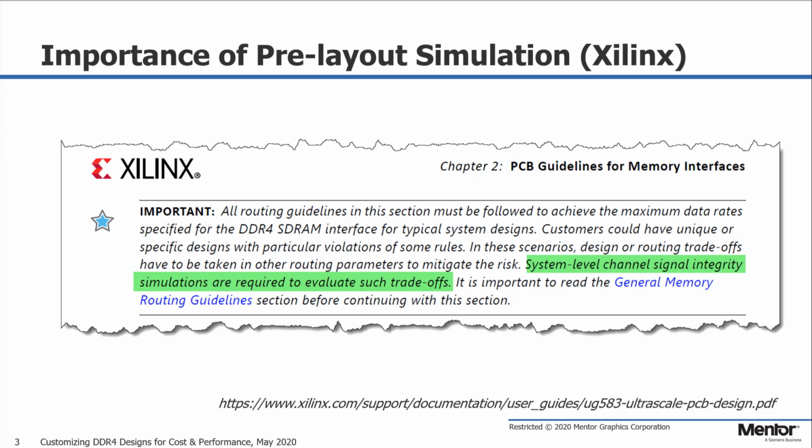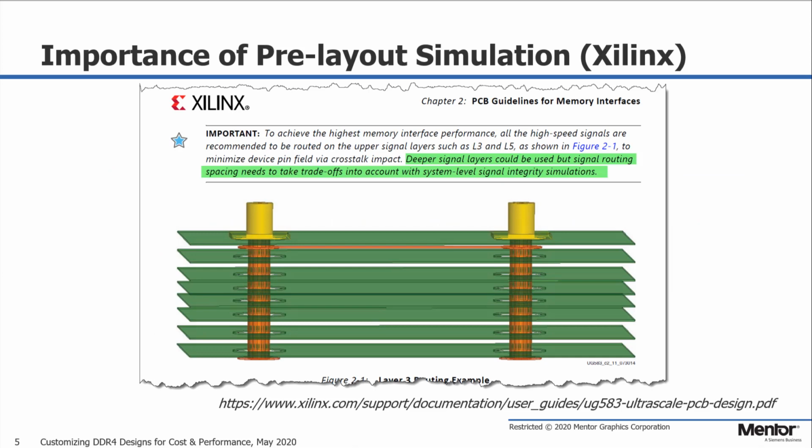In that case, as suggested by Xilinx here, you will want to perform simulations to evaluate the trade-offs early in the design cycle. In this example, Xilinx recommends signals are routed on upper signal layers, but if you choose to route them on deeper signal layers, you will need to perform signal integrity and timing simulations.